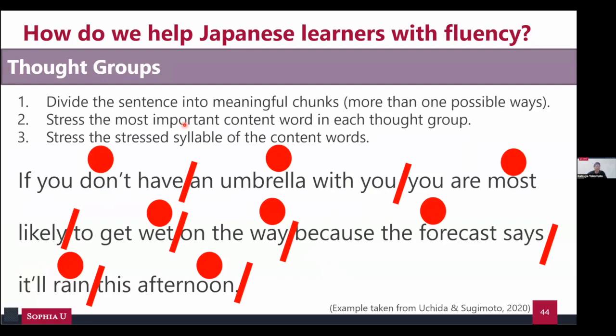So within a thought group, they have to produce fluently, non-stop. Have them practice pronouncing smoothly with the stressed syllable highlighted: umbrella with you, an umbrella with you, so that they can practice within the thought groups, to increase their fluency within thought groups, which is important.